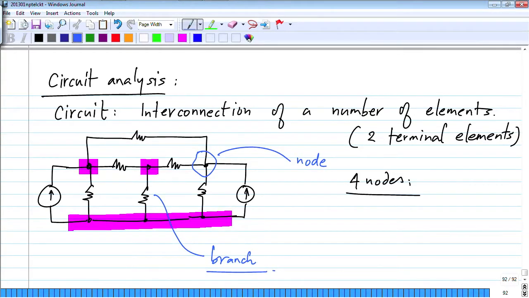Now, how many branches do we have in this circuit? Each element, because we have only two terminal elements, each element corresponds to a branch. So, how many branches do we have in the circuit?